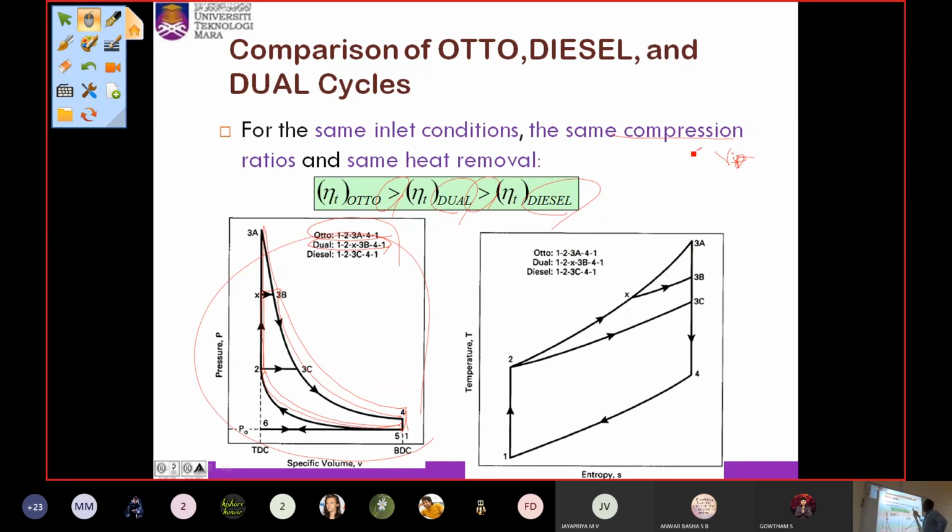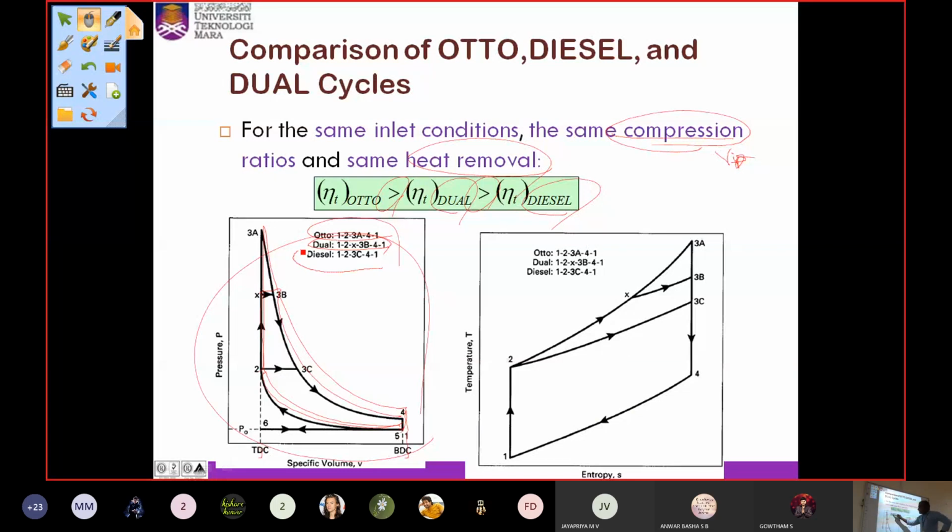So why are we keeping this? Because we have to keep the compression ratio the same for all three cycles, also the inlet condition should be the same, and the heat removal also the same. So we are keeping the process like this.